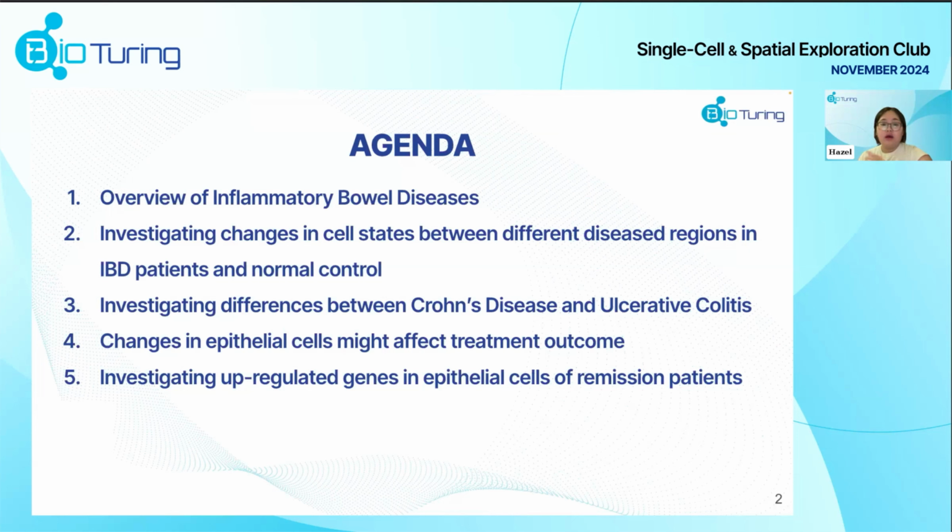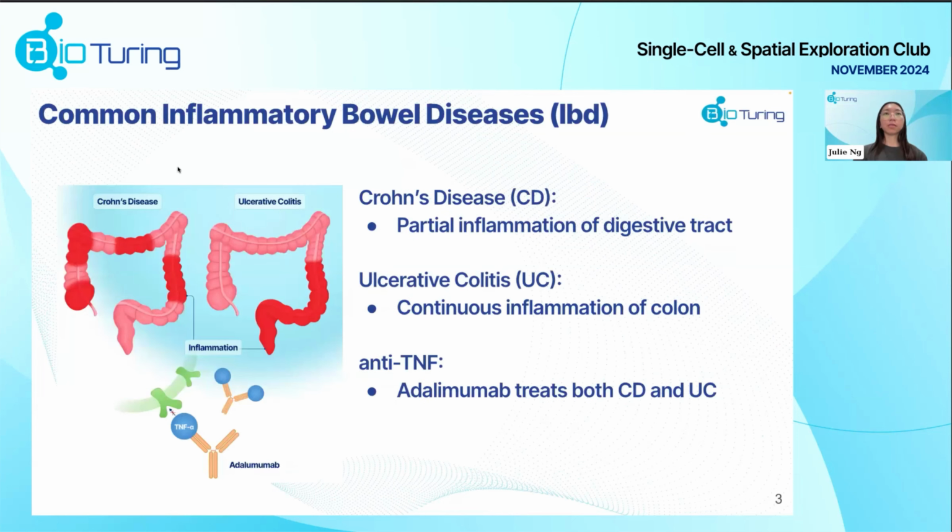Now, let's hand it back to Julie to kick things off with an overview of IBD. Yeah. So to give a little bit of background on some of the common inflammatory bowel diseases, today we'll be focusing on Crohn's disease and ulcerative colitis. These two diseases are quite similar to each other. However, they have some slight differences in the pathology.